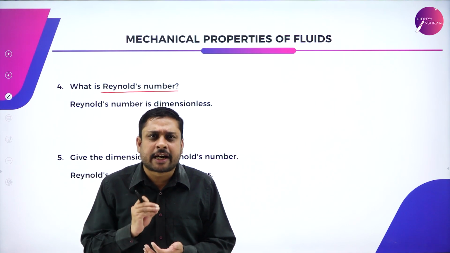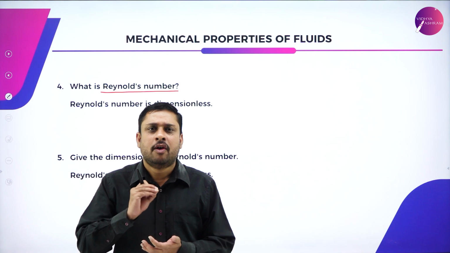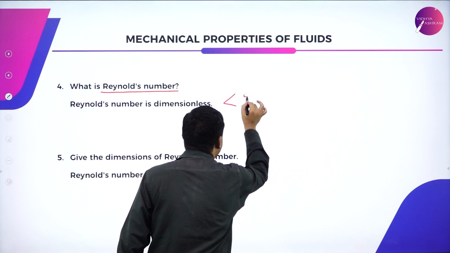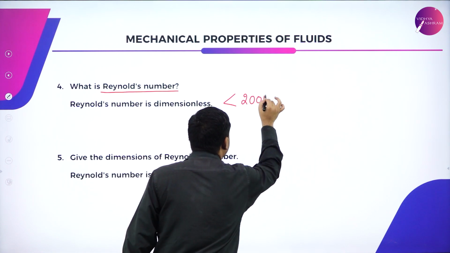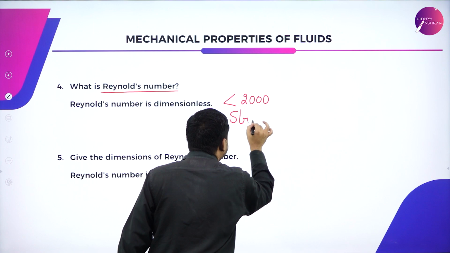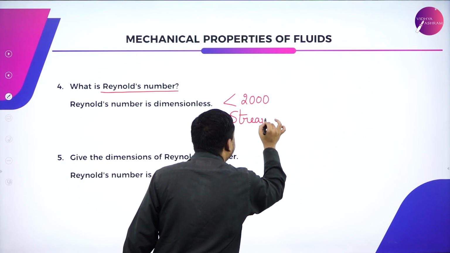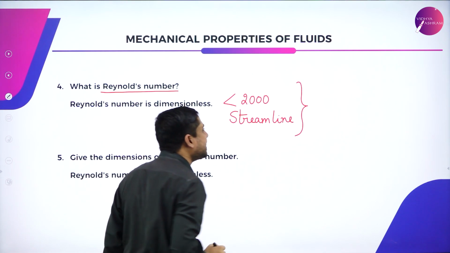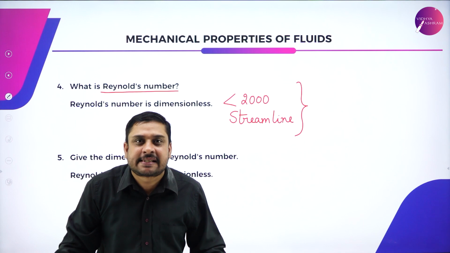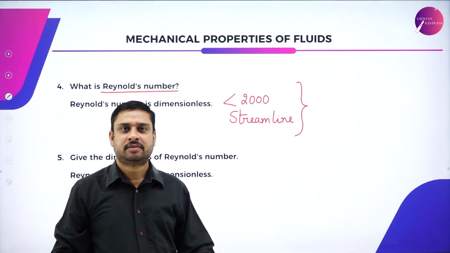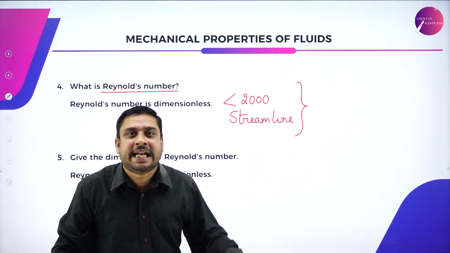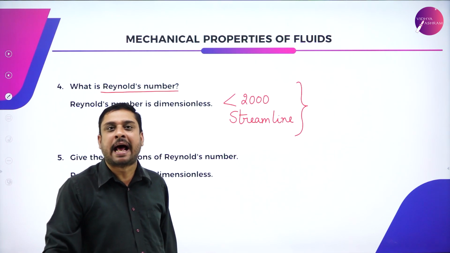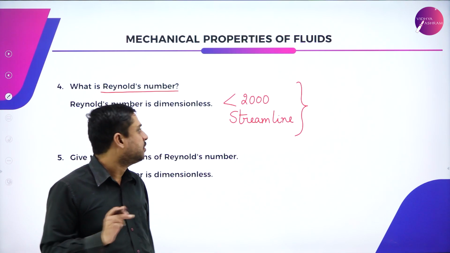If the Reynolds number for a flow of liquid is less than 2000, we say it is streamline flow, orderly.